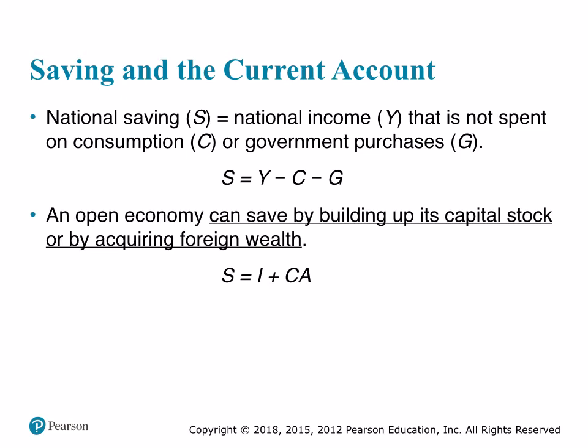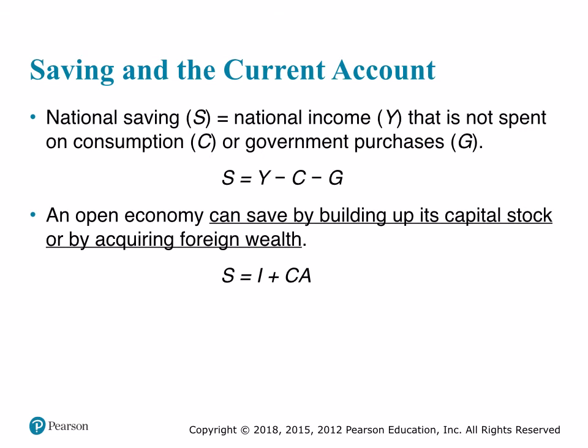So national saving is the income that is not spent on consumption or government purchases. To find national saving, we deduct consumption and government purchases from national income. So S equals Y minus C minus G, where Y is national income, or GNP.